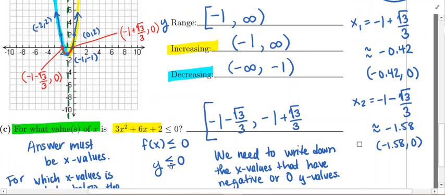So we're going to put brackets. This is your answer, this interval enclosed with brackets with crazy numbers inside. Again, all that is saying is the parabola has negative y values or 0 y values in between and including the two x-intercepts.